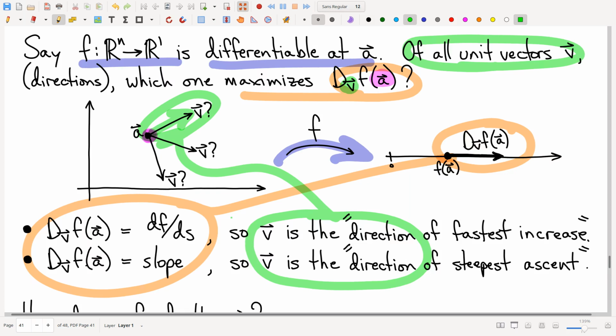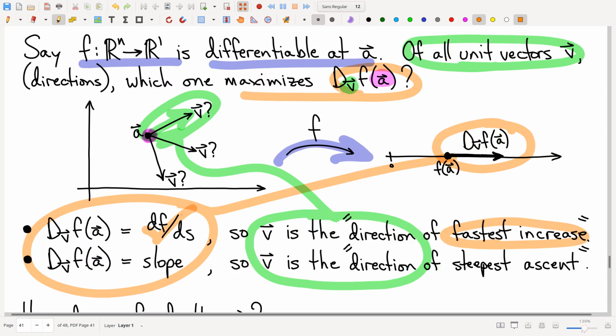If you think about the directional derivative as representing the rate of change of the function, and we have found the vector that makes that rate of change as great as possible, then we've found the direction that makes the function increase as fast as possible. Wouldn't it make sense to call this the direction of fastest increase, based on that interpretation of the directional derivative that we've maximized?